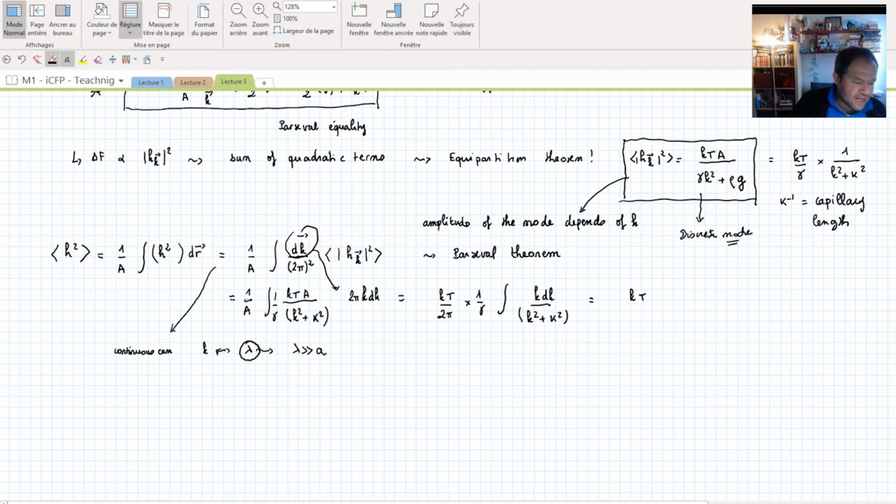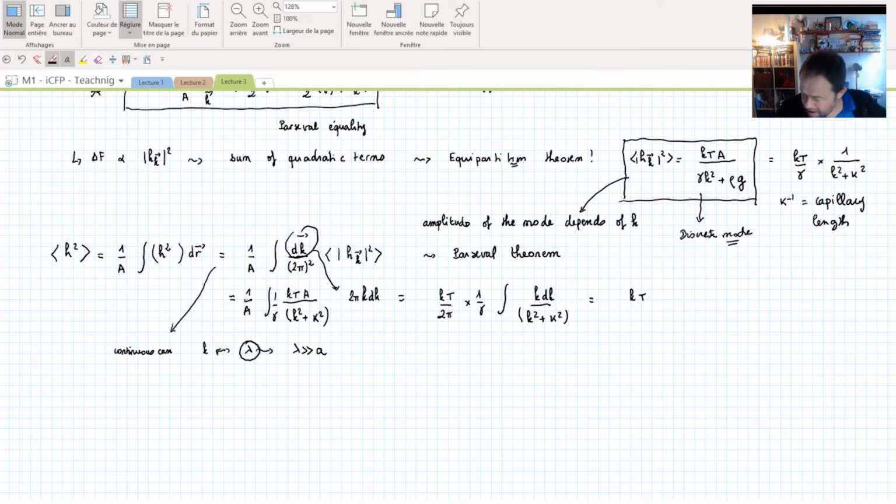And since they are always larger than the molecular size, it will be okay to work in the continuous limit. But up to now, if I want to write properly, sorry for that, it's not proper, it's not that nice. But if I want to write easily the equipartition theorem, it will be easier to have a discrete number of wave vectors. Okay, so you can do this properly. Okay, you convinced me. Thank you.